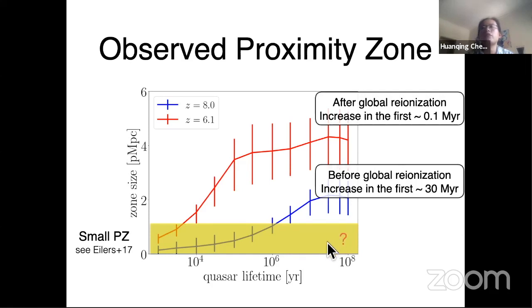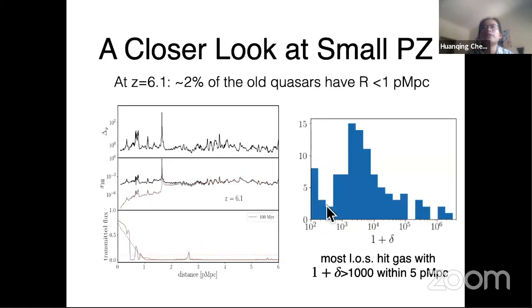So we search our redshift 6 quasar samples, and we find that 2% of the old quasars have an extremely small proximity zone, less than 1 physical megaparsec. If we look closely, we can find that most of them shoot through gas that has overdensity above 100.